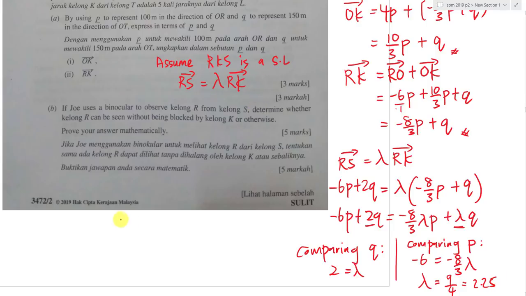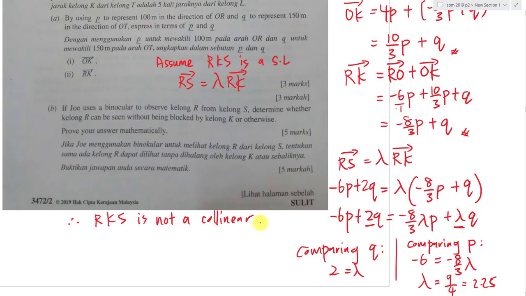So therefore R, K, S is not collinear, or you can say it's not a straight line.